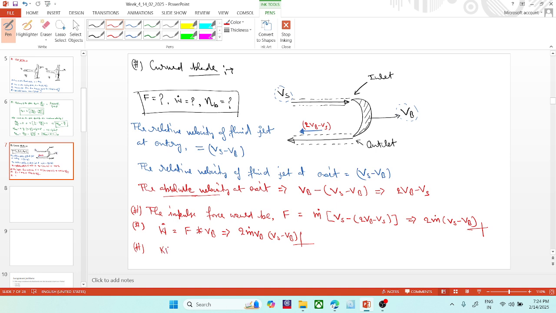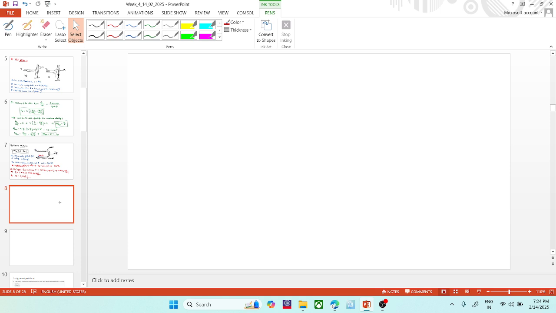Now we have the expression for W dot, and we also have the expression for the kinetic energy, which we know: half m dot Vs square. These are the three expressions. Now with their help we can determine the blade efficiency.